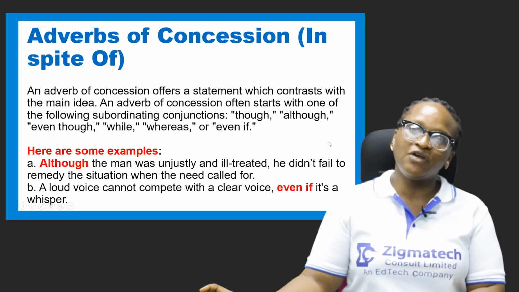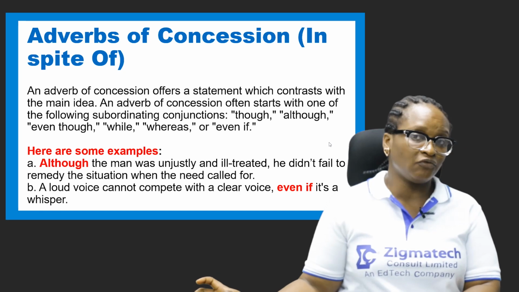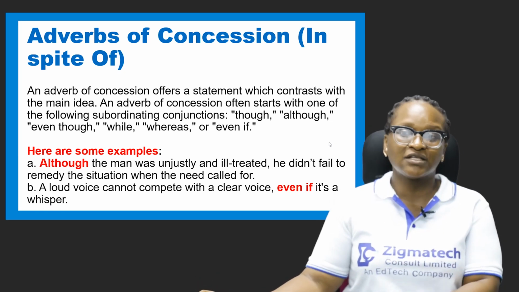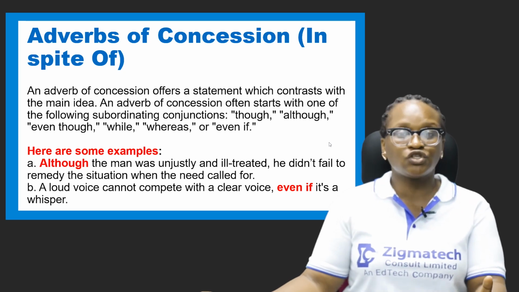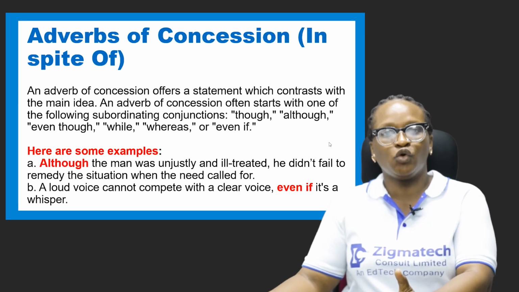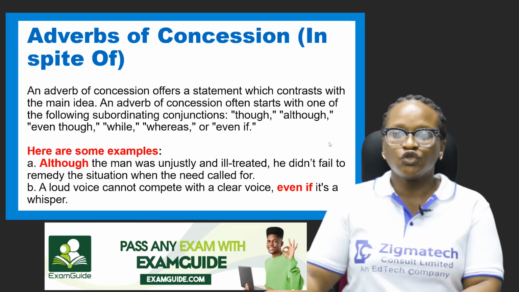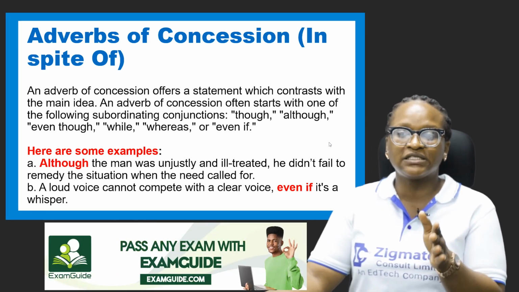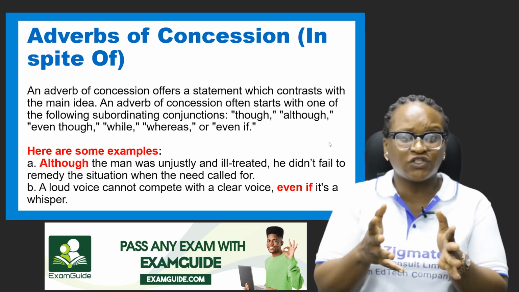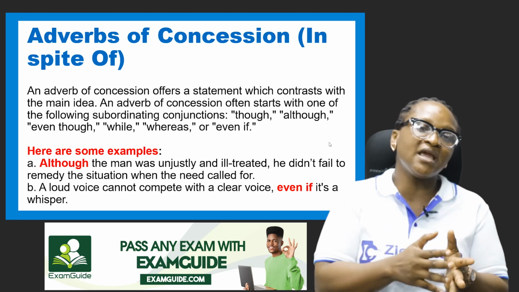Then we have adverbs of concession. In spite of, with all that has happened, I still did this. That's an adverb of concession. Not considering what has happened, you still went ahead to do what you feel was right. So an adverb of concession offers a statement which contrasts, which negates, which is the opposite of the main idea.